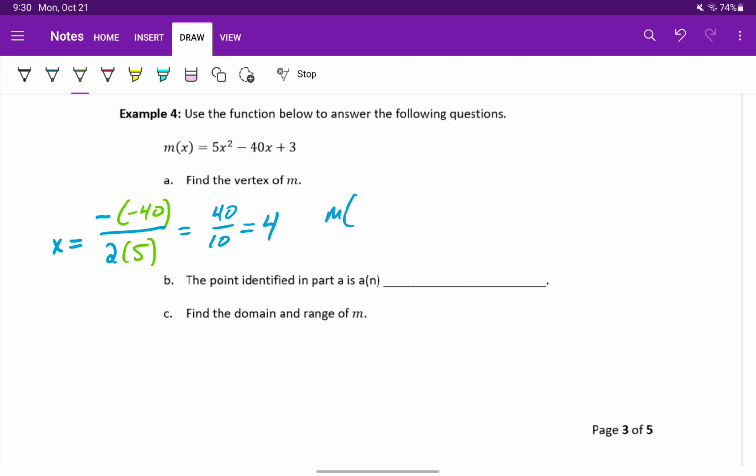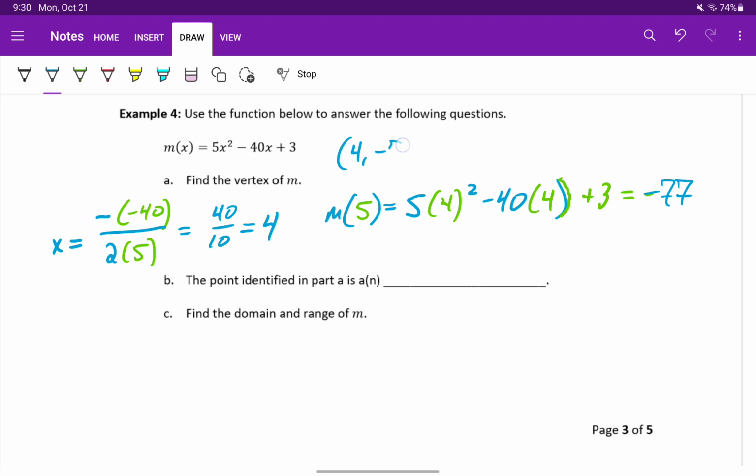Then we'll evaluate our function m at that x-coordinate that we just found, meaning we're substituting in 4 for each instance of x. So we'll have 5 times 16 minus 40 times 4 plus 3, which will give us negative 77. And we know that we have a vertex at 4 comma negative 77.